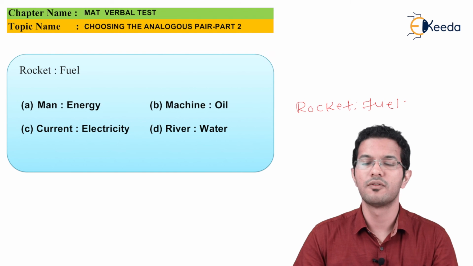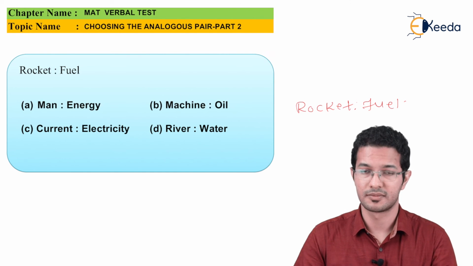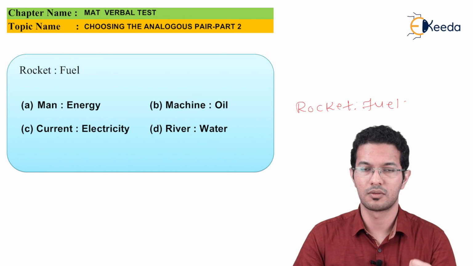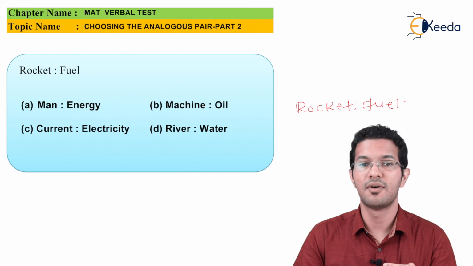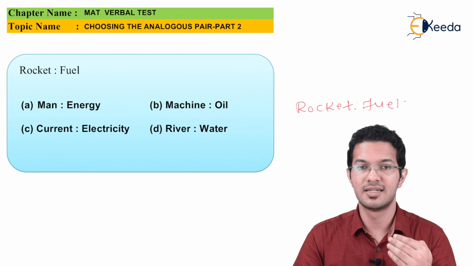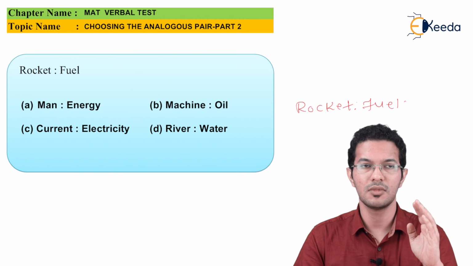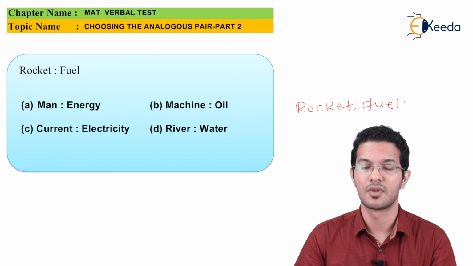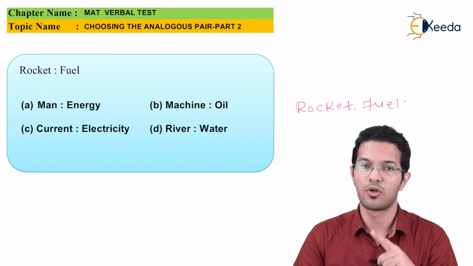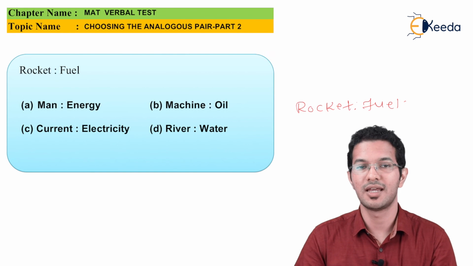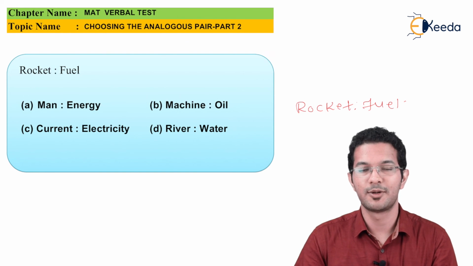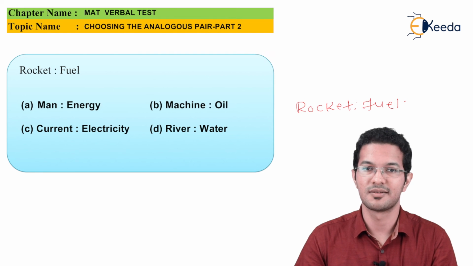If we compare all the four options, we can say that if a man has to walk, or if a man has to carry his daily activities, he needs energy. So, from all the four options, I can say that option A, which is man is related to energy, is the right answer.